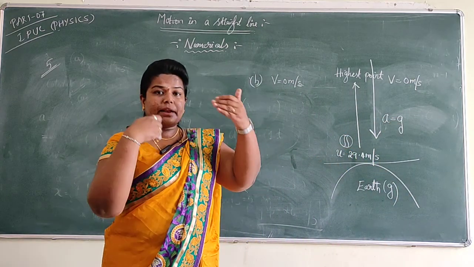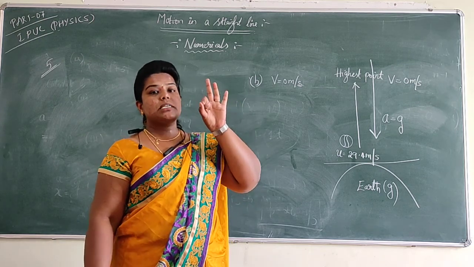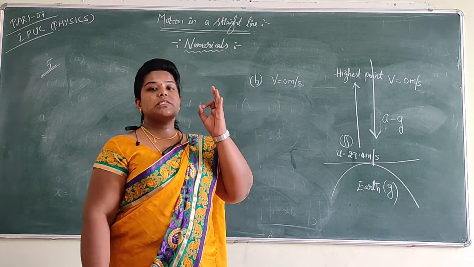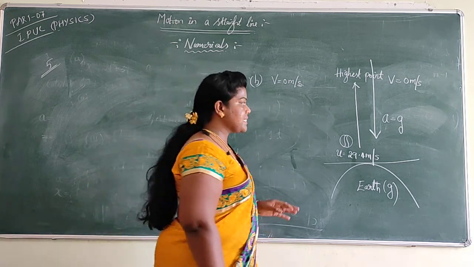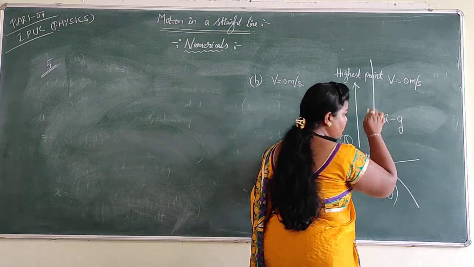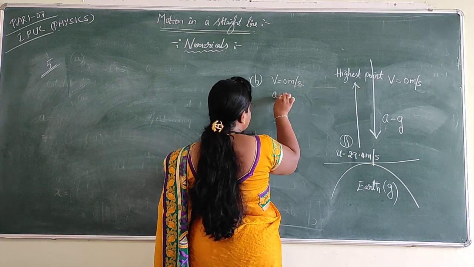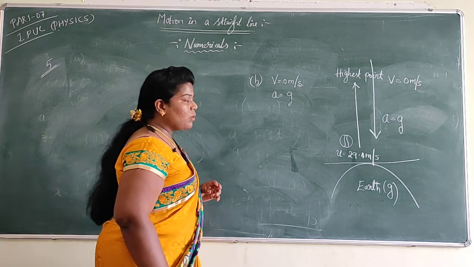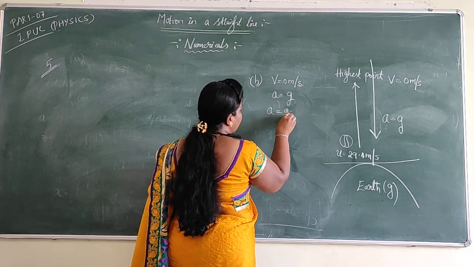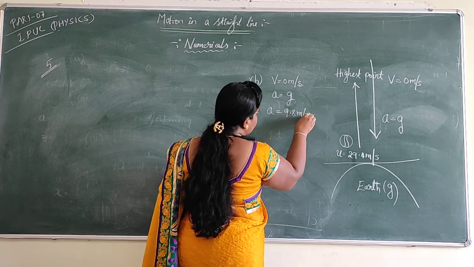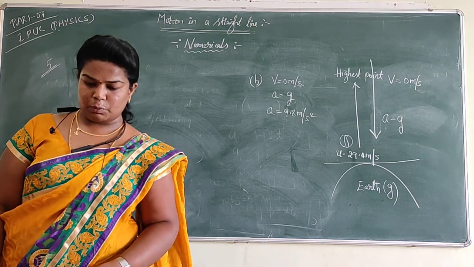No need to explain a lot for this. For free falling objects, objects thrown upwards, or objects allowed to fall under the action of gravity, the acceleration a is always equal to g. So what is the value of g? You know that the value of g is 9.8 meter per second square.